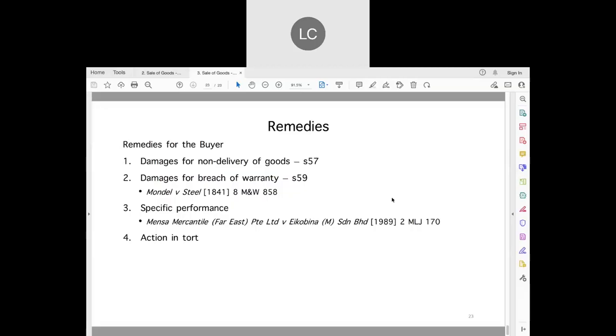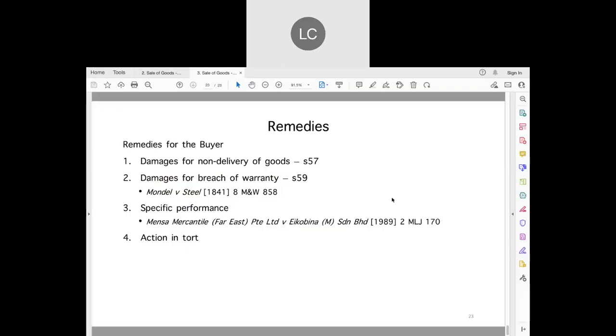To use this section, the goods that the parties contracted for sale and purchase must be specific or ascertained goods. Then only the court can order specific performance by the parties. For this you can look at the case of Mensa Mercantile. And for damages for breach of warranty, you can refer to the case of Mondel and Steele.